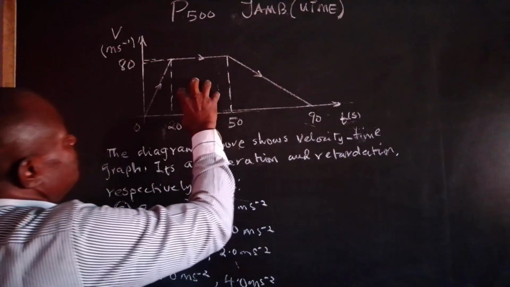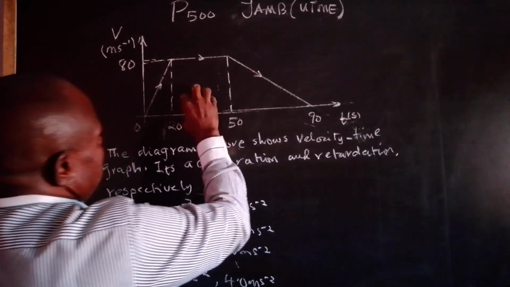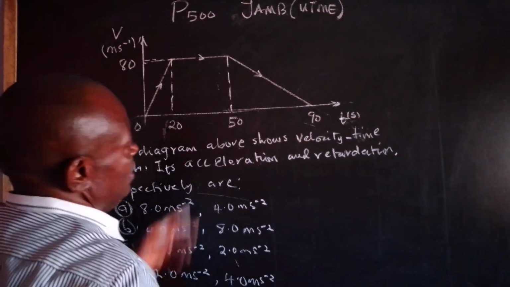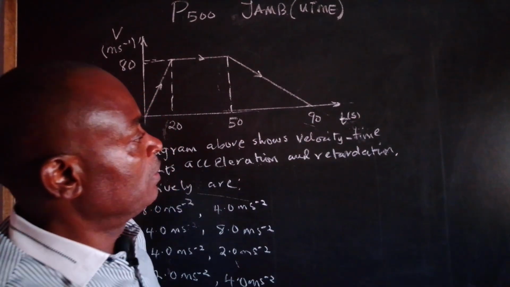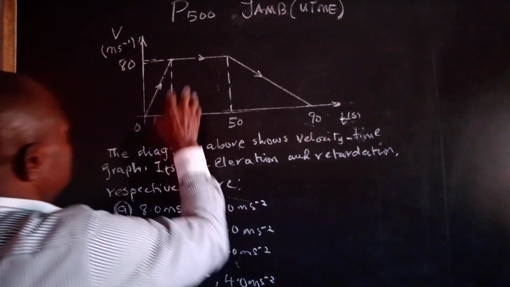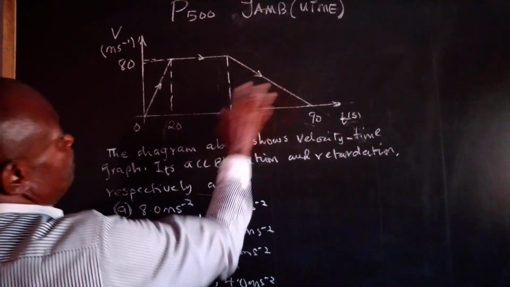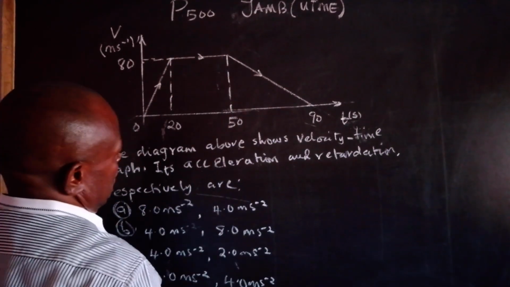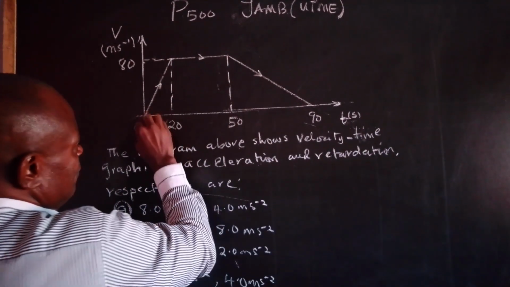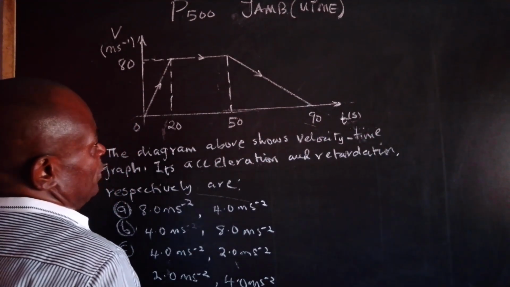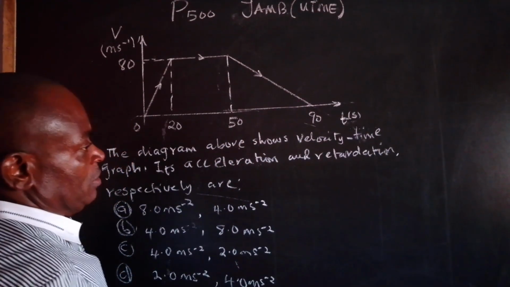Here we have one of the first questions we want to look at, taken from mechanics, and we have a velocity time graph. This velocity time graph is a picture of the movement of a body that accelerated from a point and then ends the journey with a certain retardation.